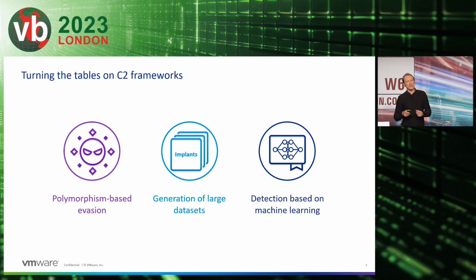Therefore, we decided to build a harness that automates this process, that creates implants automatically, and with thousands of samples generated, we decided to create a machine learning model that gives us the verdict whether a binary is benign or malicious.